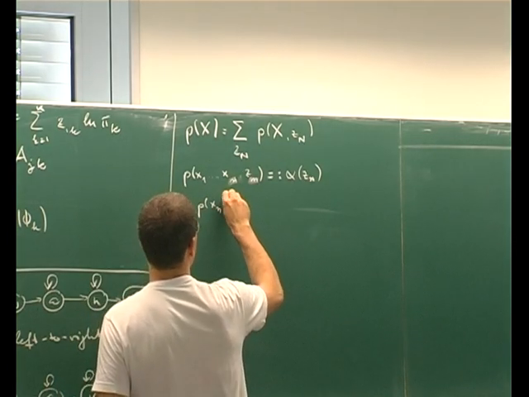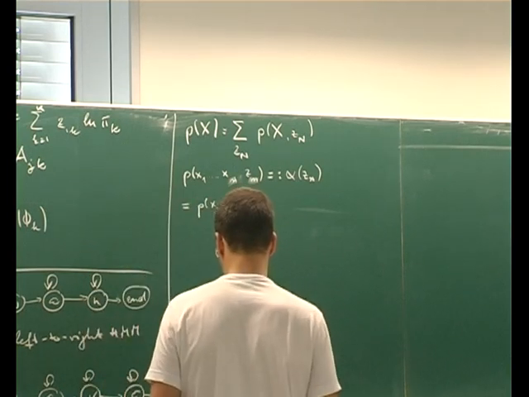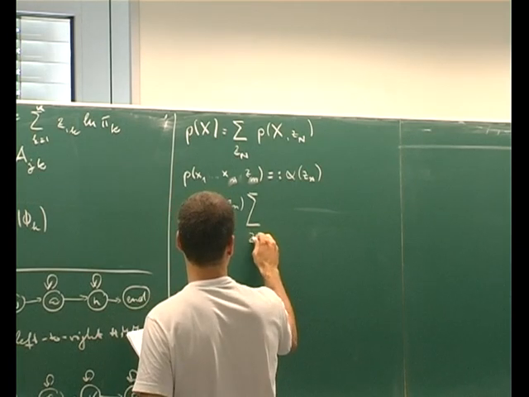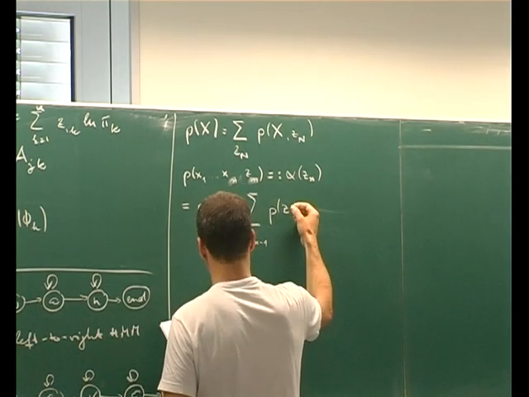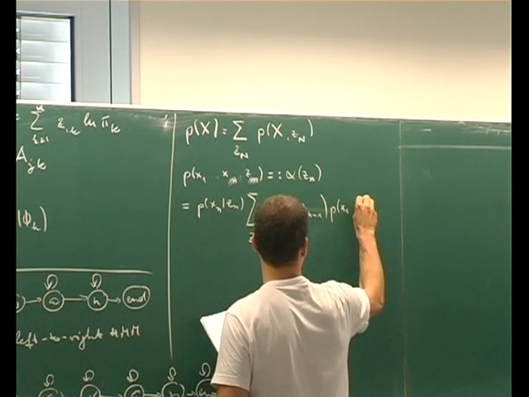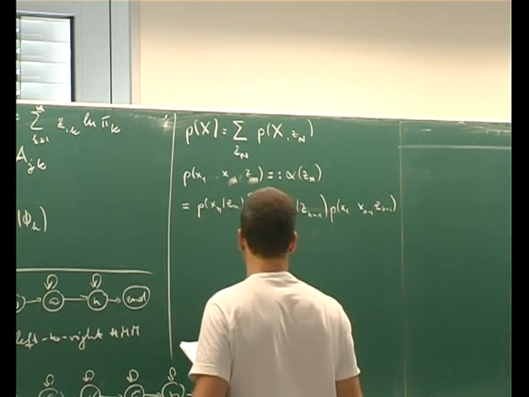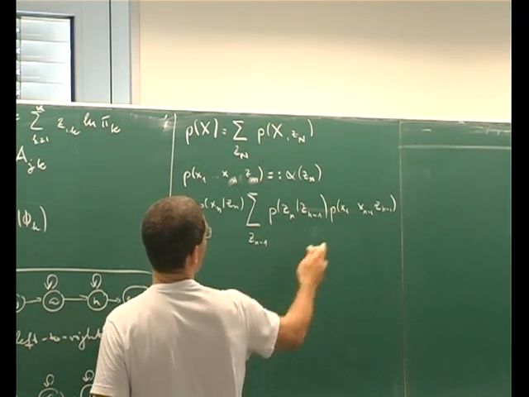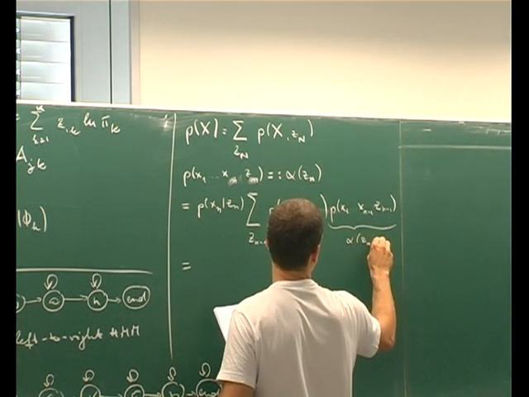Now I'm rewriting this as the probability of xn, which depends only on the current hidden state, and a summation over possible hidden states at the time instance before, the transition probability, which, if you look at this definition here, is just alpha of Zn minus 1.